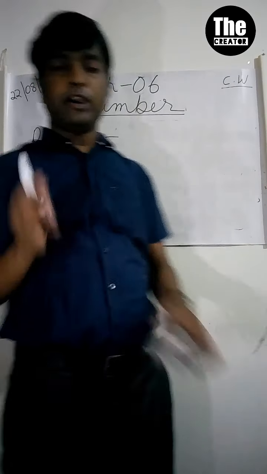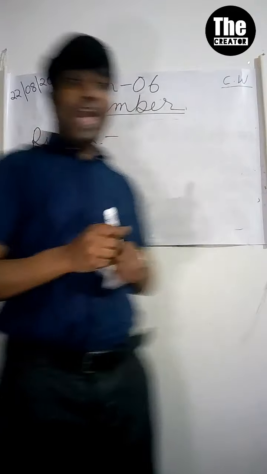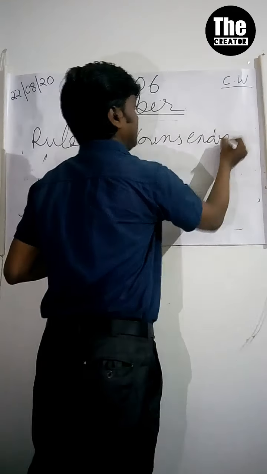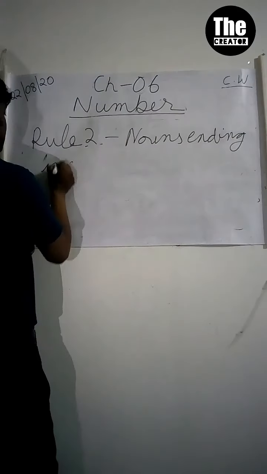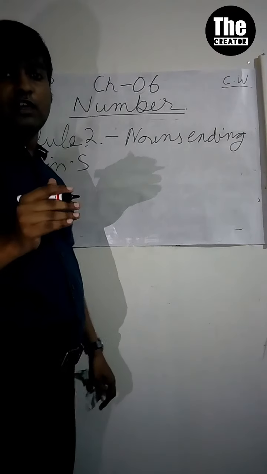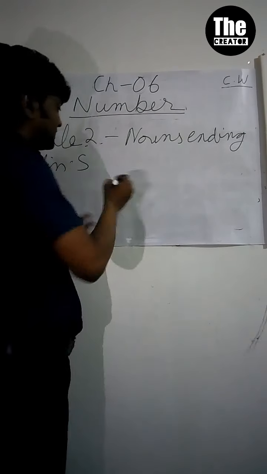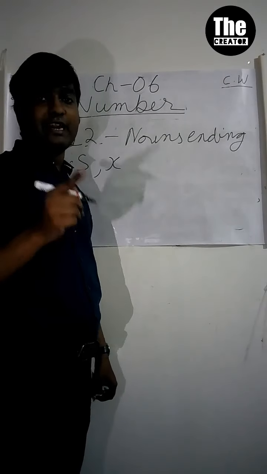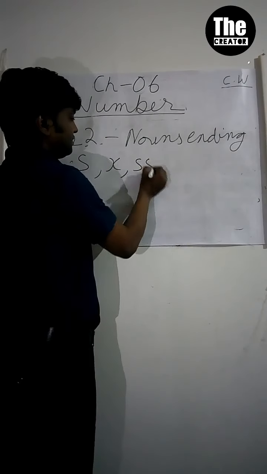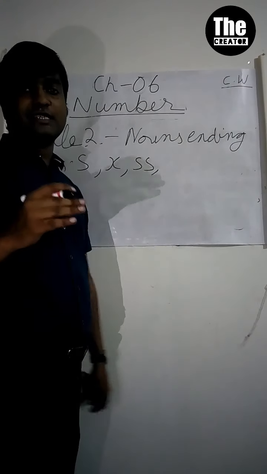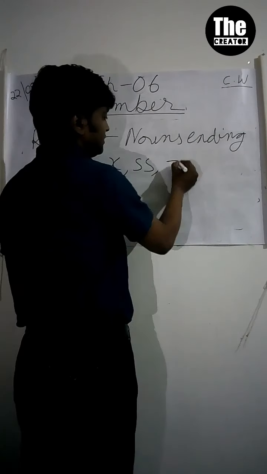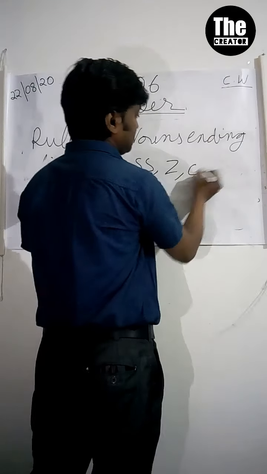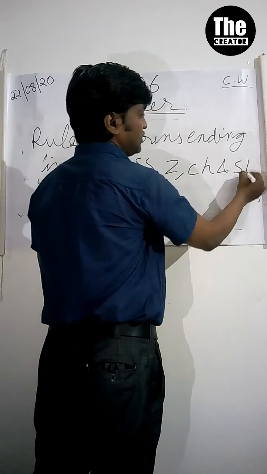Now what is our rule number 2? Nouns ending in s, or you can say x. X is also there, so s, x, then double s, then there is z, then there is CH and SH.